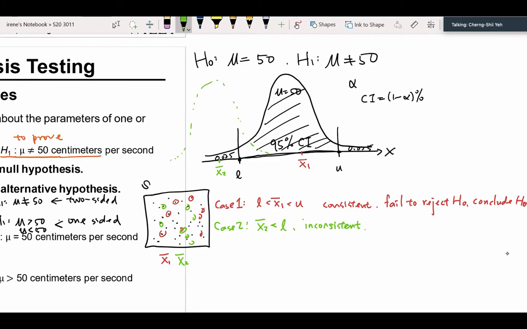As a result, we reject my H0 because my sample information is inconsistent with it. Since we reject it, we conclude H1. What does H1 say? Our population mean is not 50 anymore.